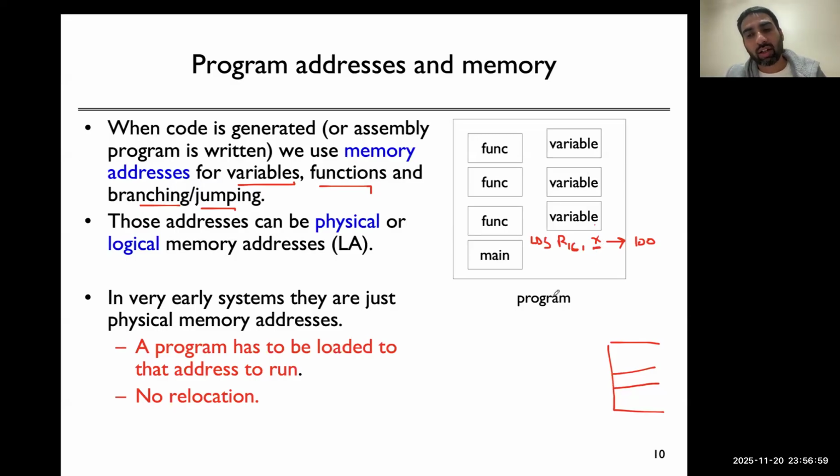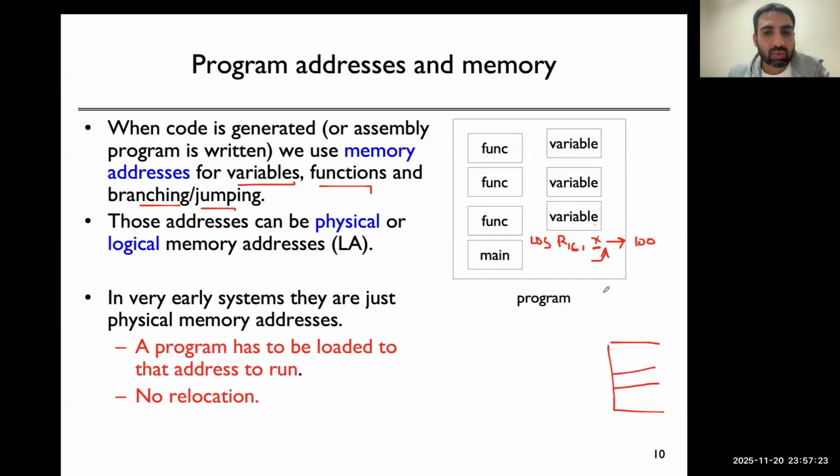So let's say 100. It means that all the time you are reading data from the exact place, 100. But if next time you want to change the location of this variable x, then it will not be possible; your program will not work.